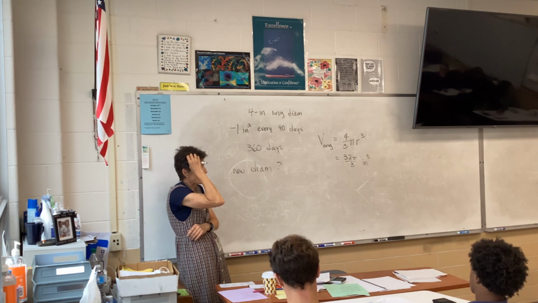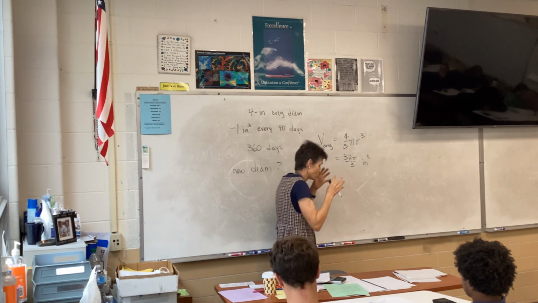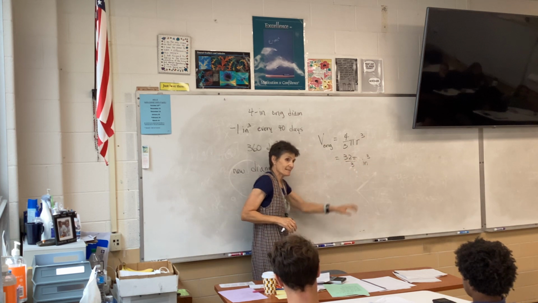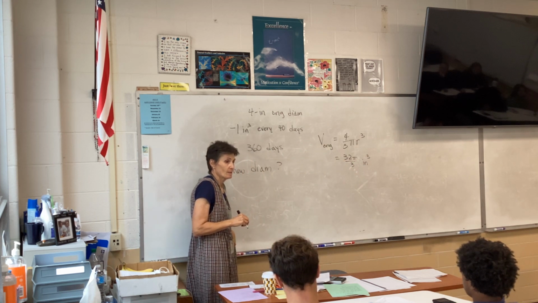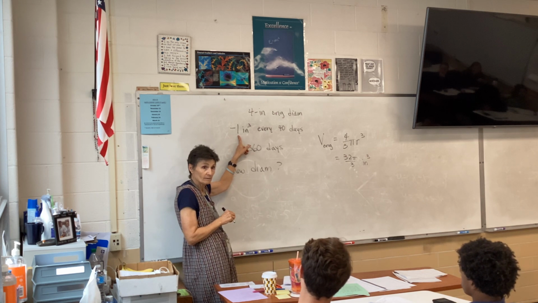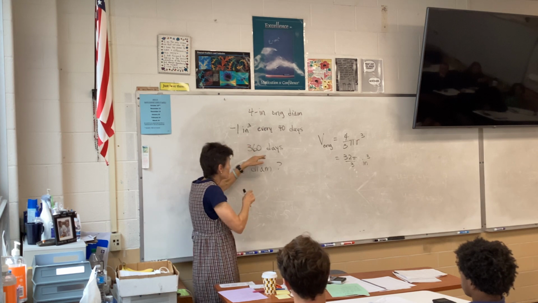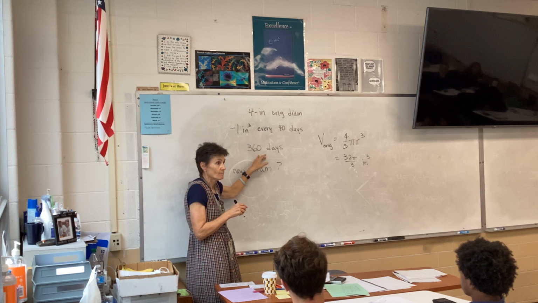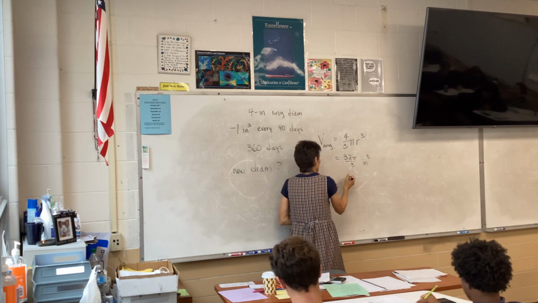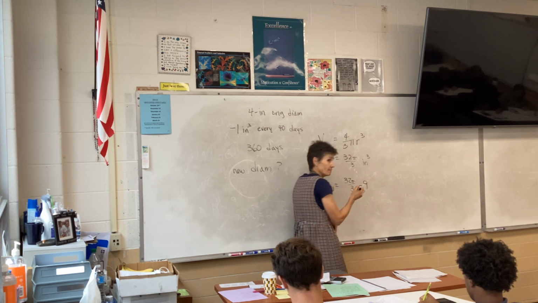Now, what is happening to this volume? So he makes the snowballs and puts them in the freezer, and this is what their volume is. But what's happening to them? They're decreasing by 1 every 40 days, which is 9 times. So the new volume would be 32 pi over 3 minus 9.